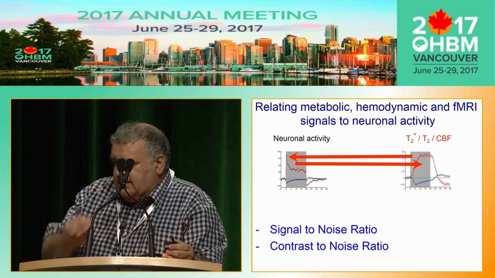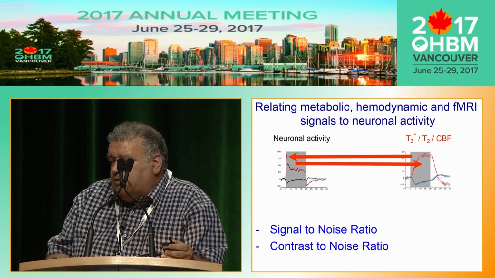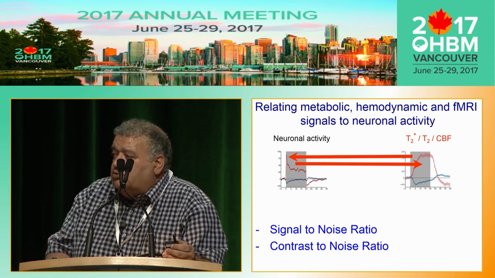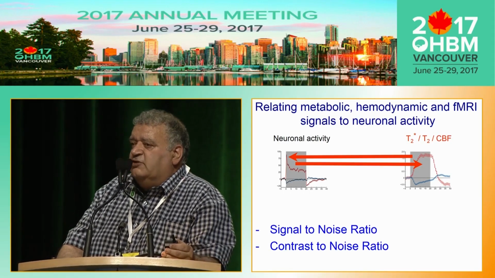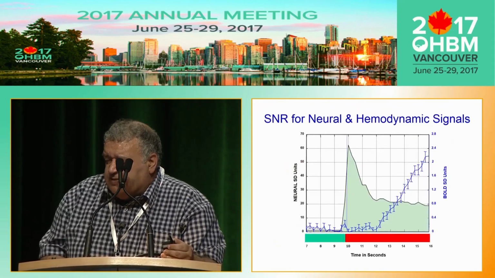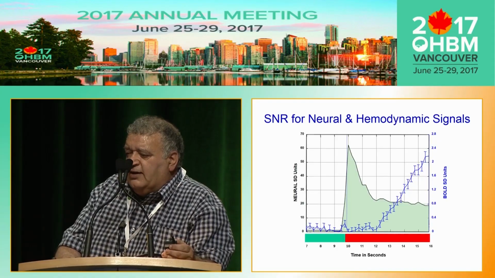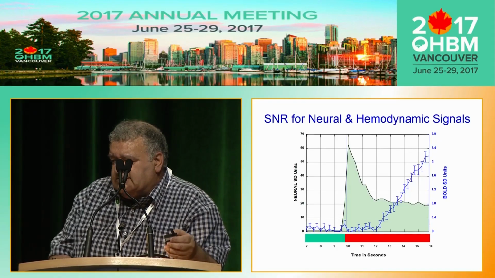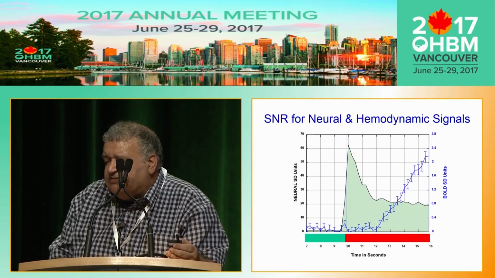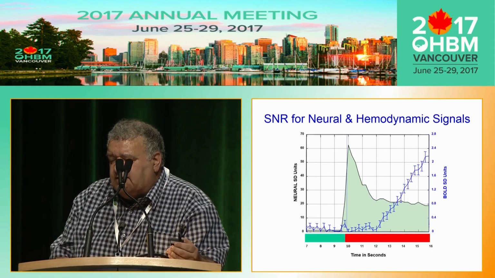I'll devote 2 slides here to a very important topic about signal-to-noise ratio, or better phrased, contrast-to-noise ratio of neurophysiological responses and functional MRI. From the same study of Logothetis, we can see a signal-to-noise ratio for neural and hemodynamic signals. The visual stimulus starts at 10 seconds on the horizontal axis of time.